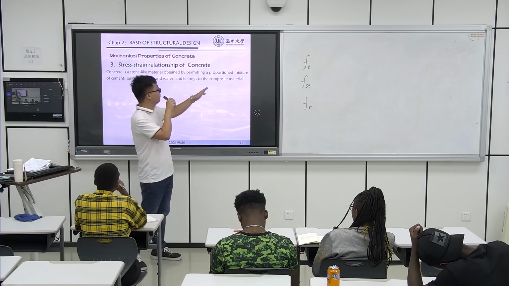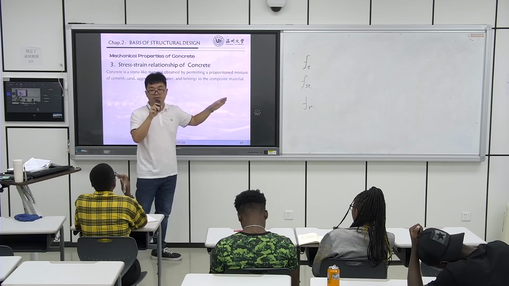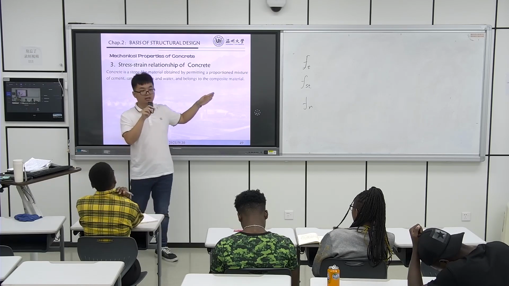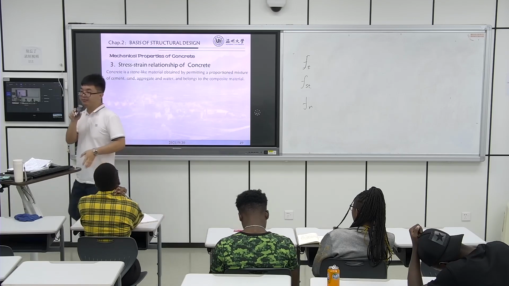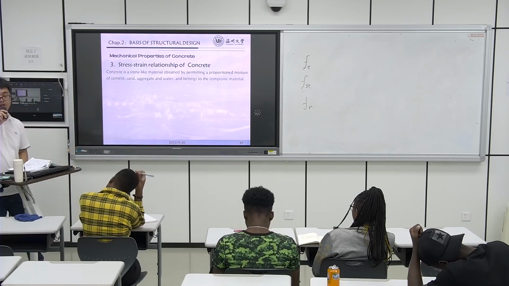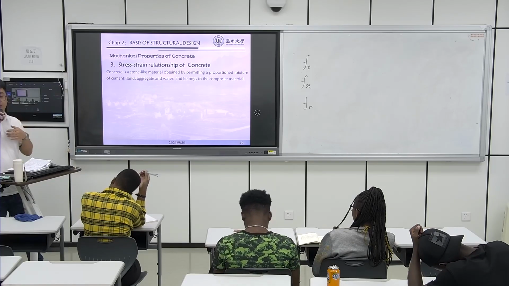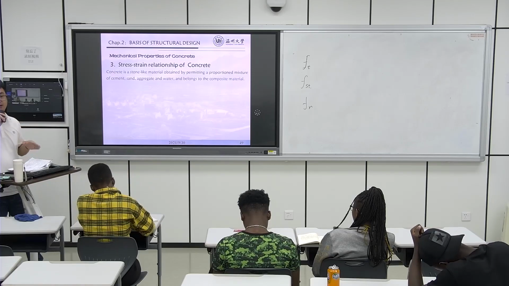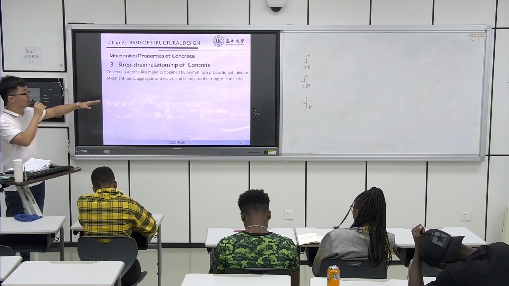Concrete belongs to composite materials. But as I mentioned before, from an engineer's view, we can regard the concrete as a uniform material for calculation and analysis. But exactly, it's a composite material, right?